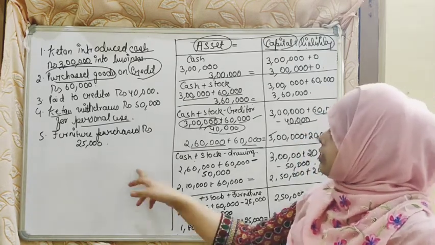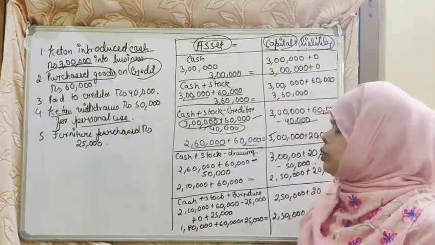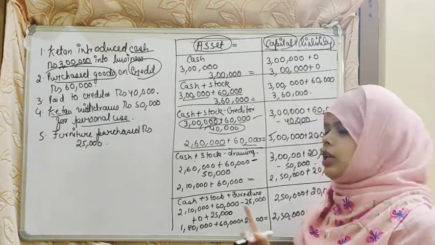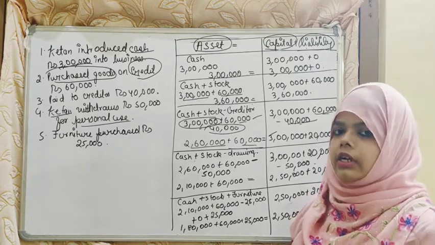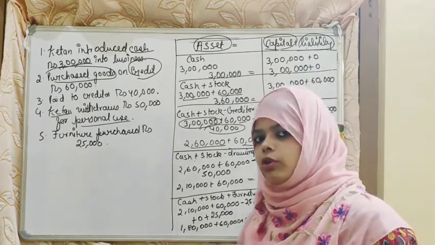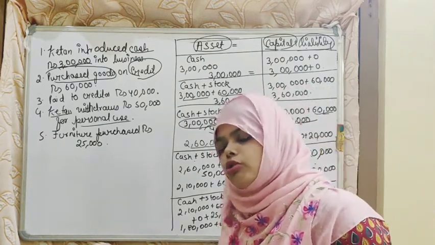Next, coming to the next transaction, Ketan withdraws rupees 50,000 for personal use. Personal use is always called drawings. So for personal use, the cash will go out and the capital will also be affected. Always when cash is withdrawn by the proprietor for personal use, it will deduct the amount in the capital also.